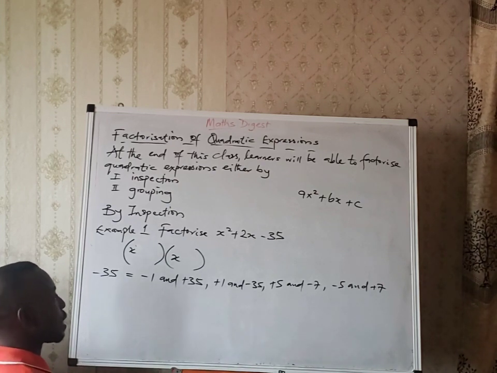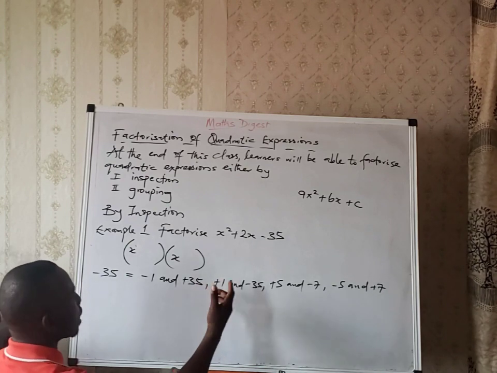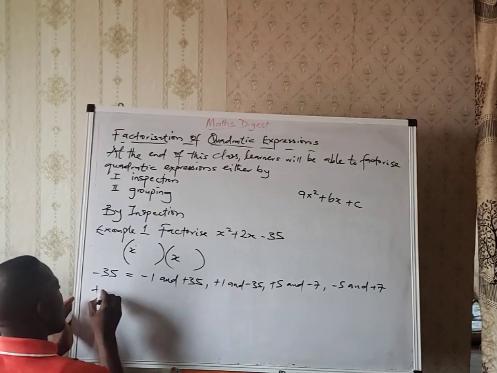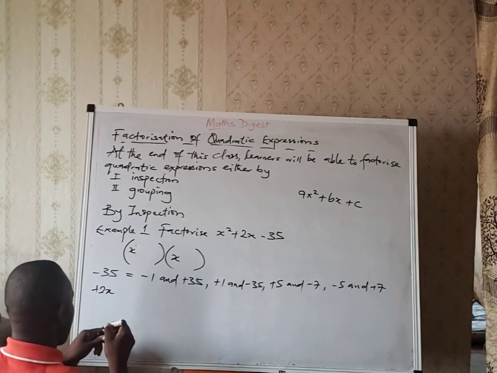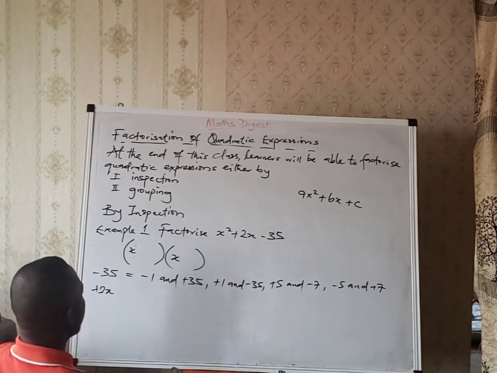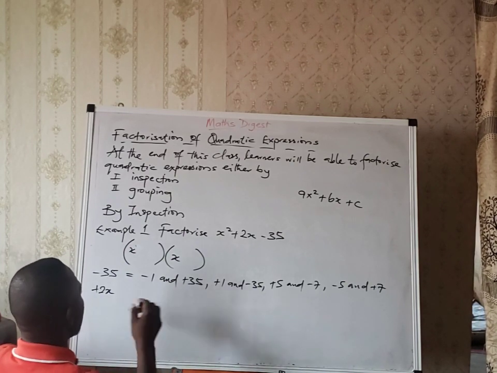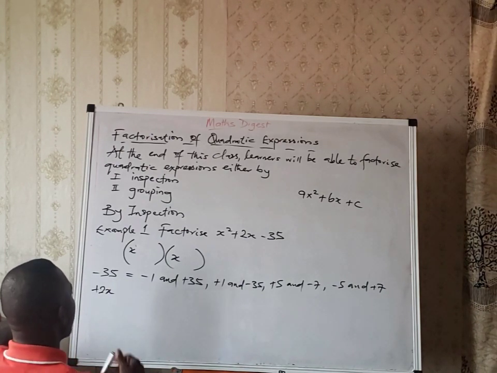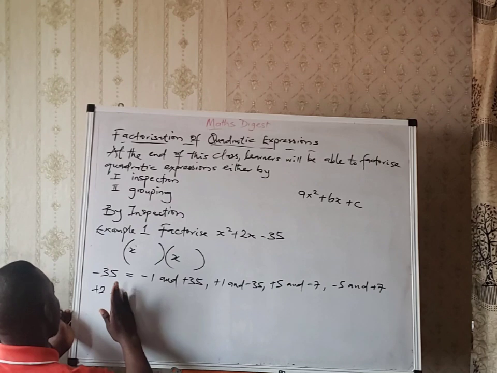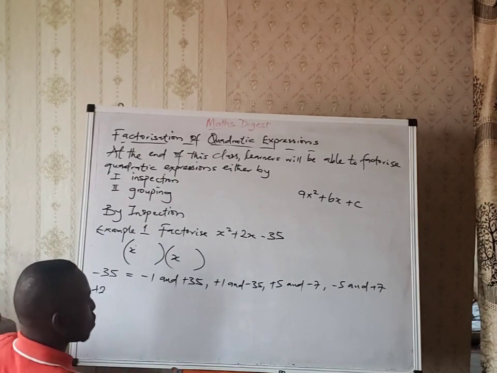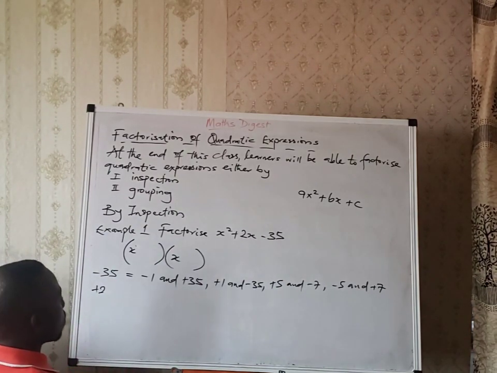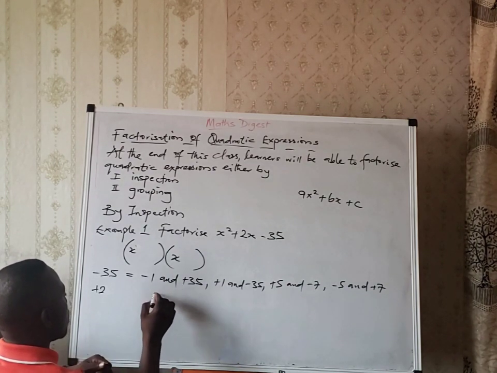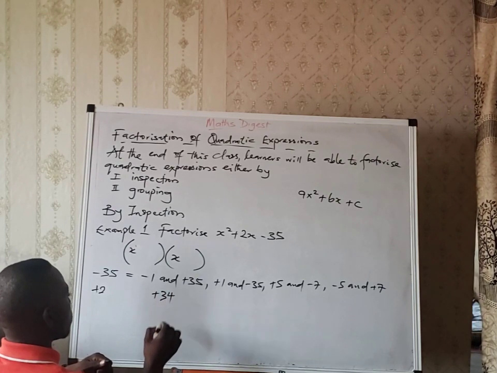But what we are going to look again is the addition of which will satisfy the plus 2x. So among all these factors that give minus 35 when multiplied, we look for the one that will give you plus 2. This plus this will give you plus 34.